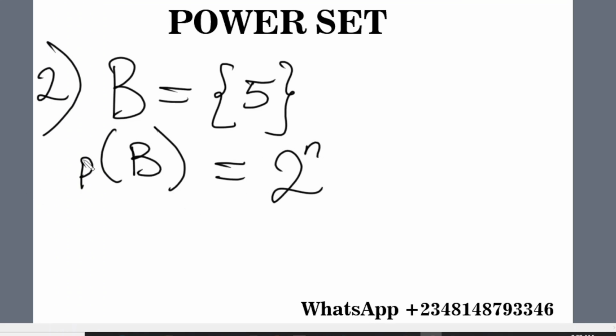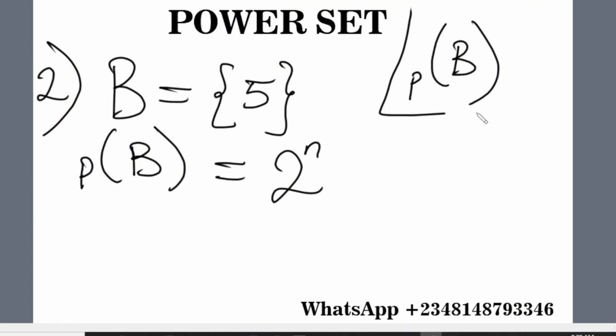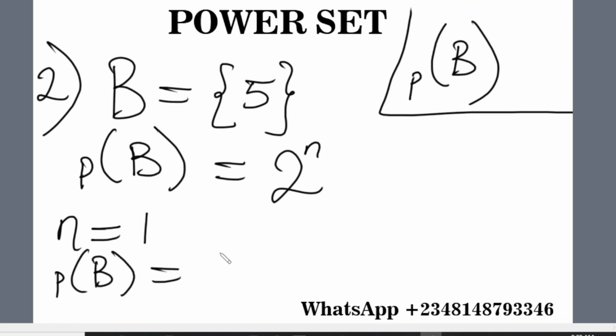The P here is more like a subscript, it is not as big as the B. So it's something like this, P and then B. Now n equals the number of elements in the set, and we only have one element here, which is 5. So we have 1. So since n is 1, P(B) becomes 2 raised to power 1, and 2 raised to power 1 equals 2.